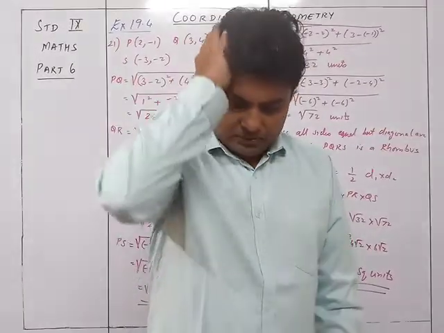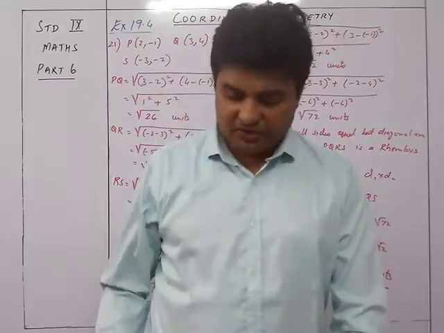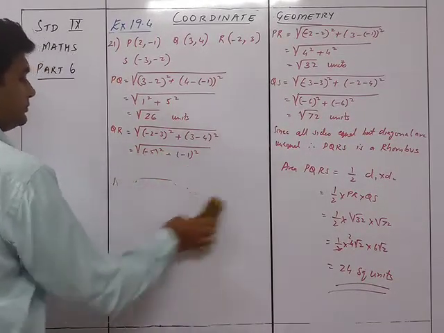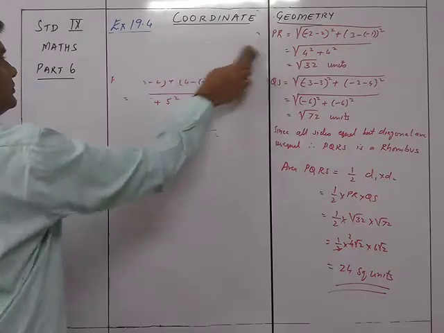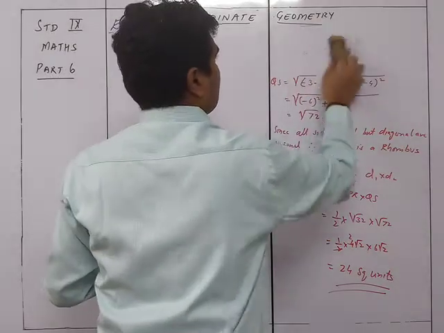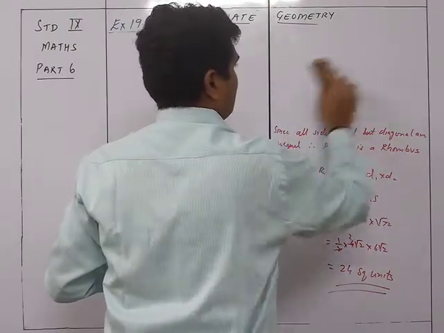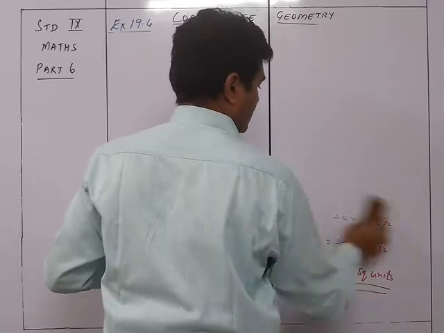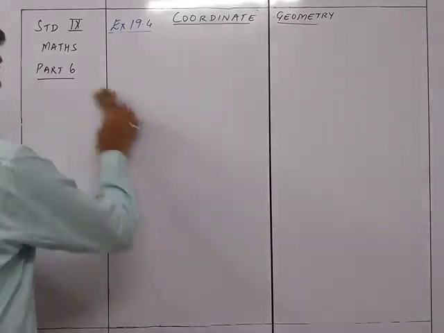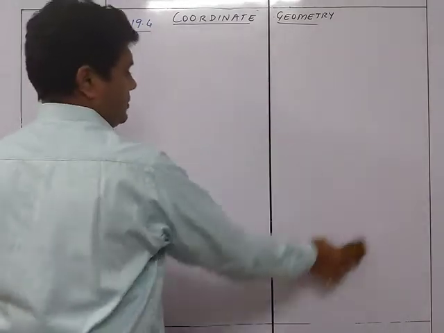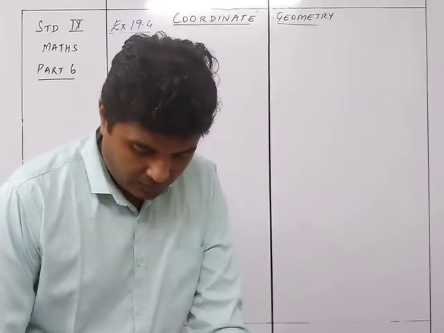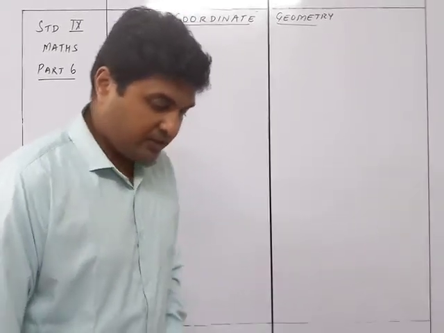We now use sum number 23, the first one. 23rd.